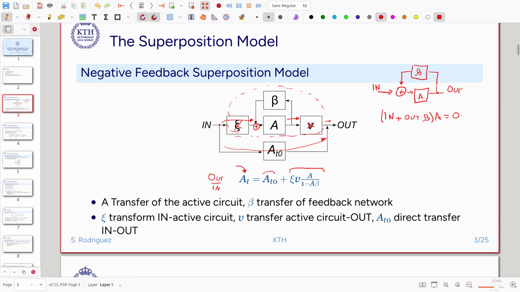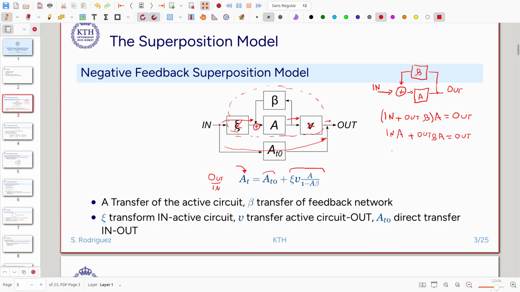That will be our transfer function here. So now we can expand this. It's going to be equal to out beta A, sorry, plus, and that will be equal to the output.